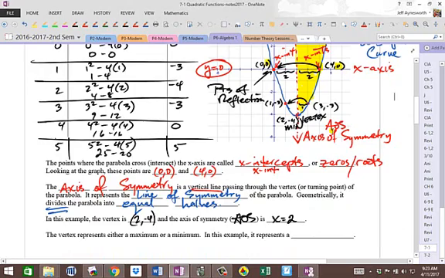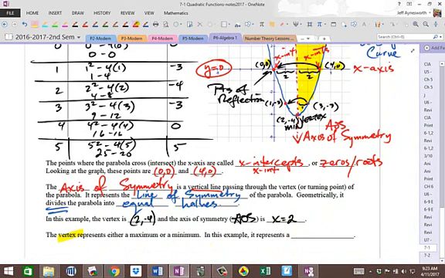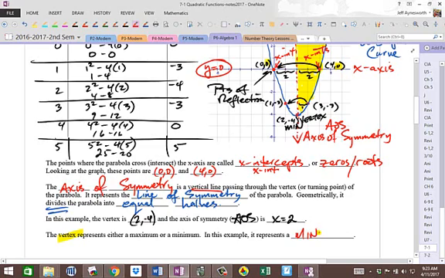If not, you have to approximate. And if the parabola opens up, then it has a low point called a minimum. So in this case, the vertex represents either a min or a max. In this example, it represents a minimum, or low point. So we're going to write down minimum, and understand that means low point.